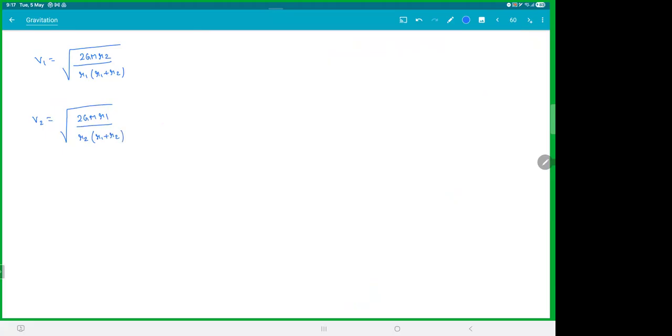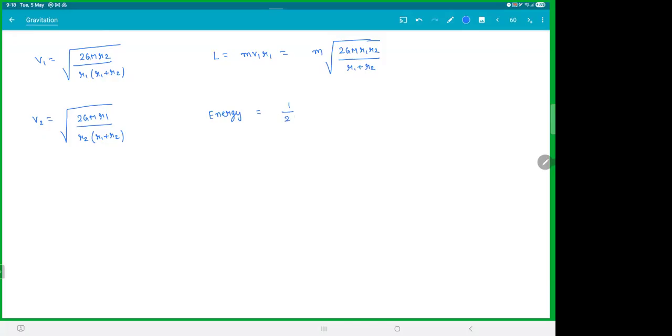Perfect. Then we can get everything. You want to find what energy? So let's find angular momentum. Angular momentum is m v1 r1. That would become root over 2GM r1 r2 by r1 plus r2. That's your angular momentum. You want energy?